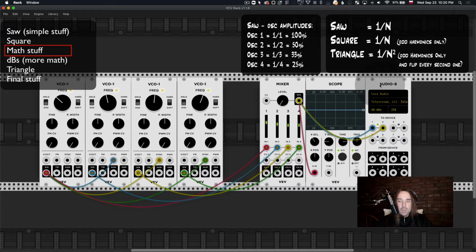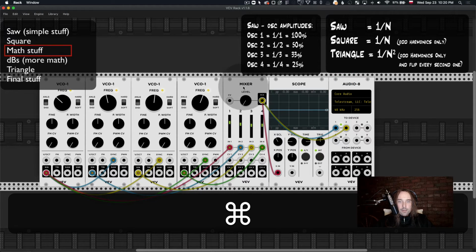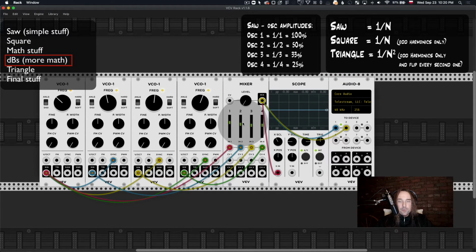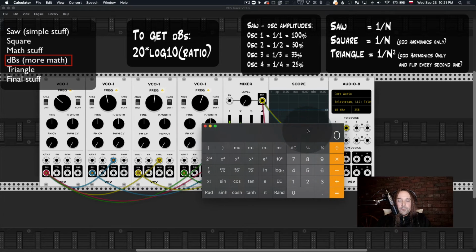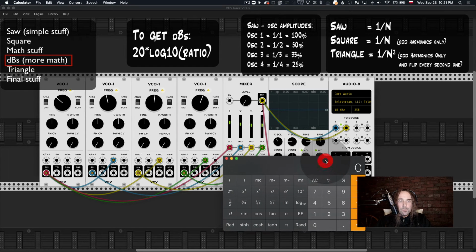Don't get confused about why we need this math. The only reason is that this particular mixer does not allow you to set these values in ratios. You just have to set them in decibels, and that's another great exercise. So in order to do that, you bring a calculator, and later I'm going to show you there's also a website.